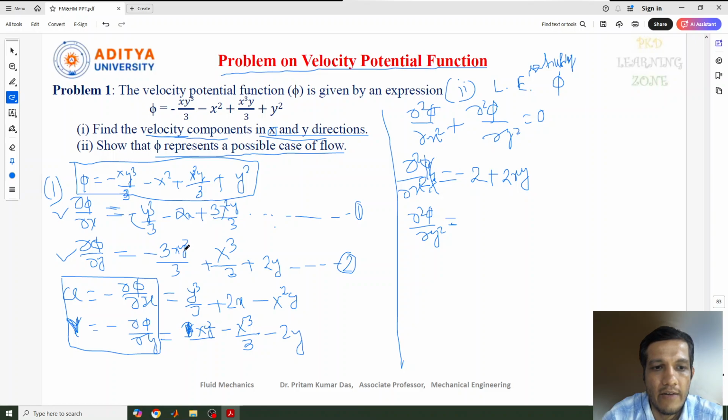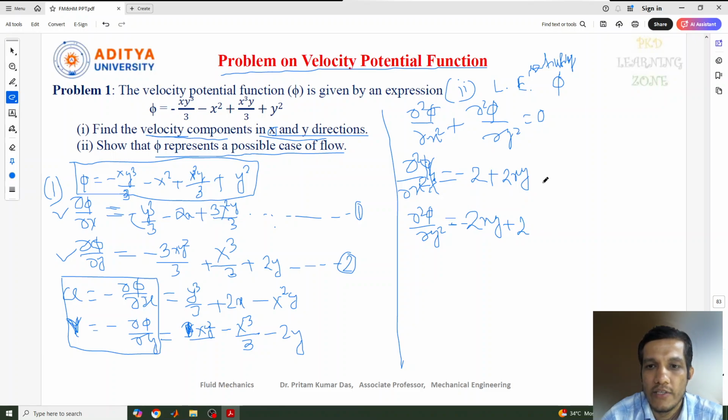Its derivative gives minus 2xy. Taking x as a constant, the derivative of y square is 2y, so minus 2xy. The x term cannot be differentiated with respect to y, so it is cancelled. Finally the third term is 2y, whose derivative is 2 only.